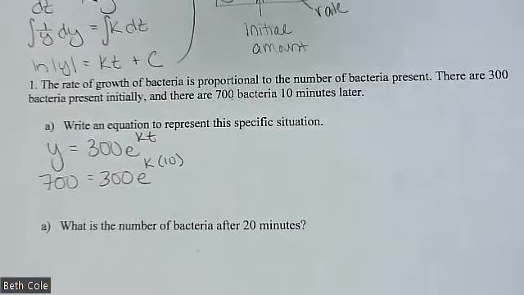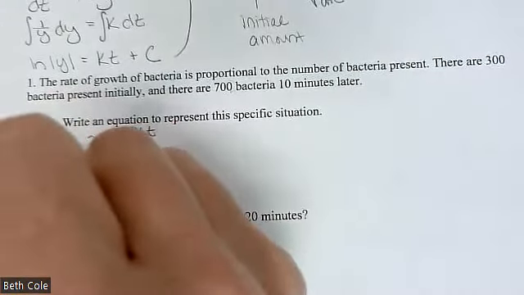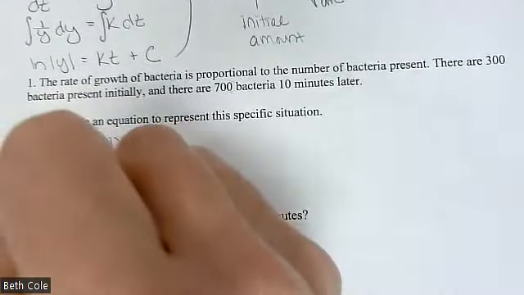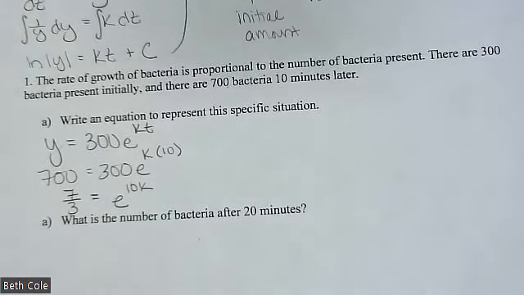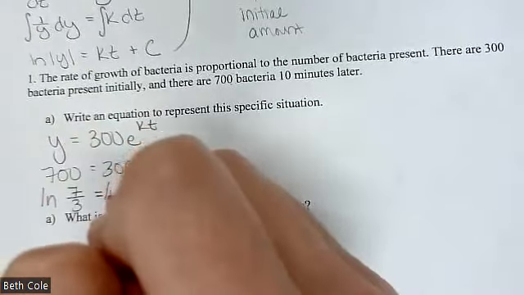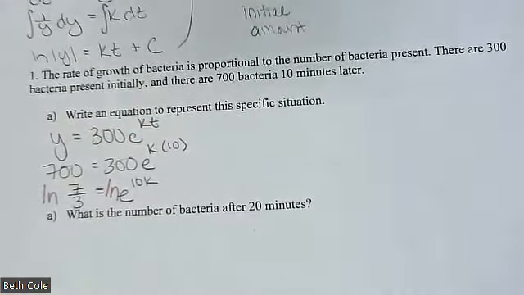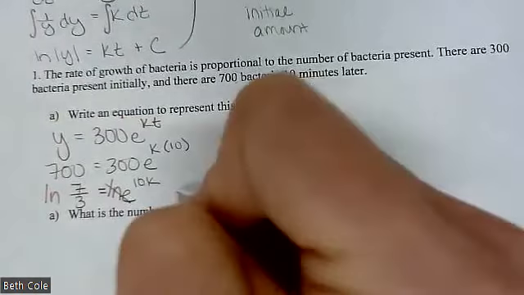700 divided by 300 would be 7/3, and then that would equal e to the 10k. Then what? And it's which kind of log to get rid of e? ln. So we're going to ln both sides. That cancels that out.